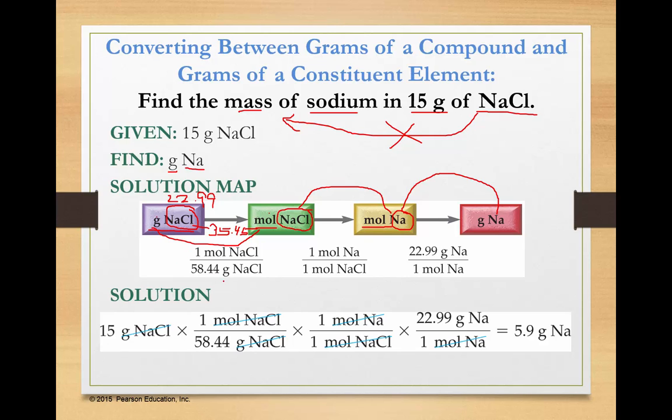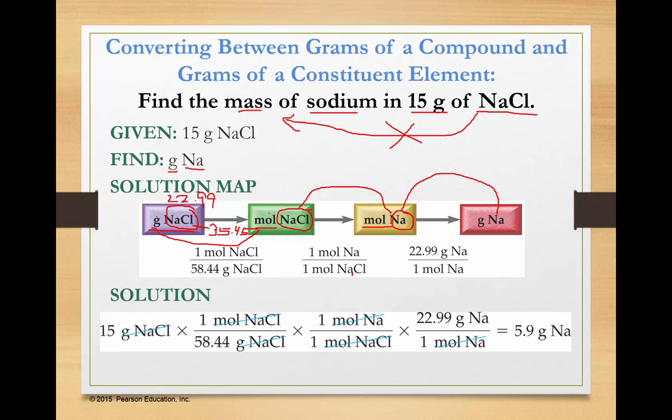So there's that relationship. Now for the moles, it's moles on top and bottom, but I need to know how many sodiums in a sodium chloride. Well, because it's a subscript of 1, there's just 1 mole of sodium for every 1 mole of sodium chloride. And then in the last one, I need molar mass again.